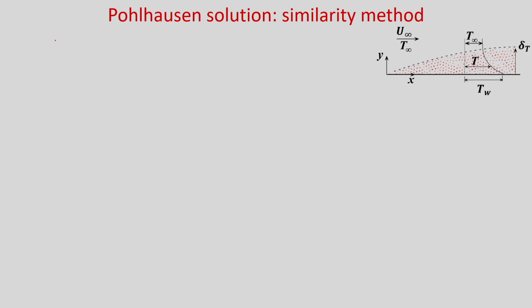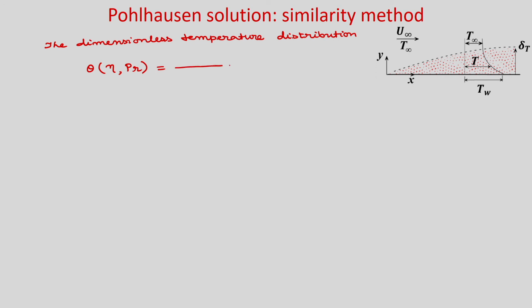So, that expression you put in the expression here and you just rearrange it. Finally, you can write the dimensionless temperature distribution. Okay. So, after rearrangement you will get theta, which is a function of eta and Prandtl number, is equal to integral 0 to eta f double prime to the power Prandtl number d eta divided by integral 0 to infinity f double prime to the power Prandtl number d eta.